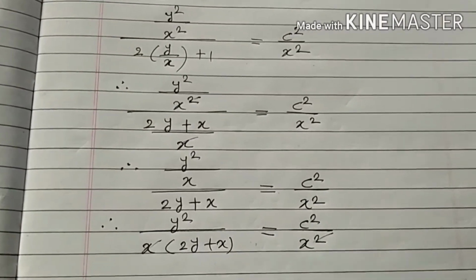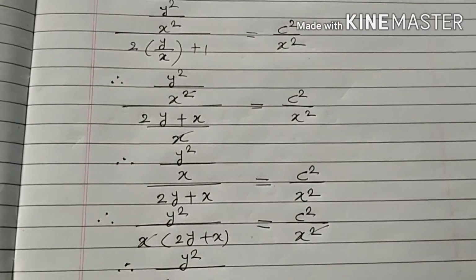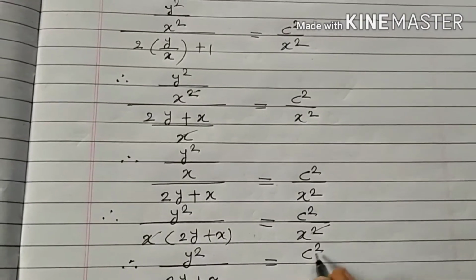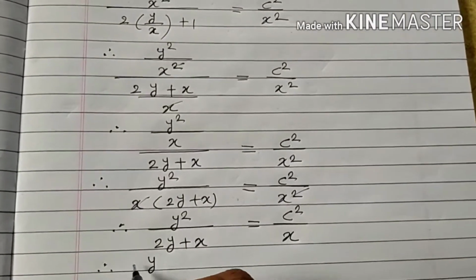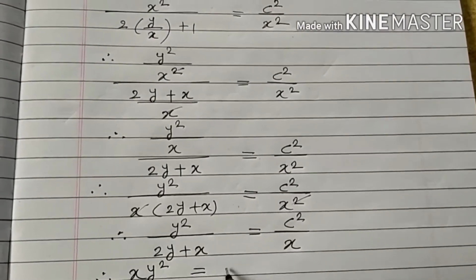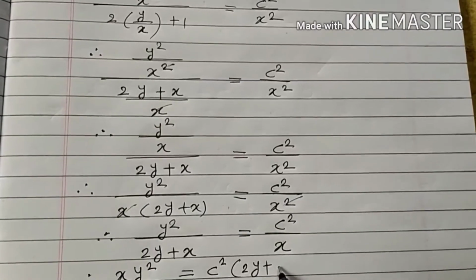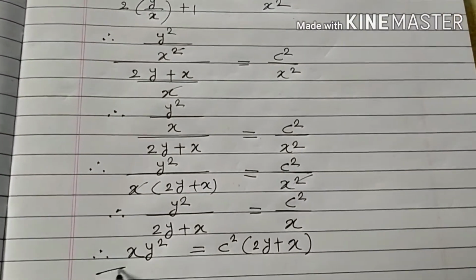Now this x cancels, so here remaining terms are y square upon (2y plus x), which is equal to c square upon x. Now cross multiply, so xy square is equal to c square (2y plus x). So this is our general solution.